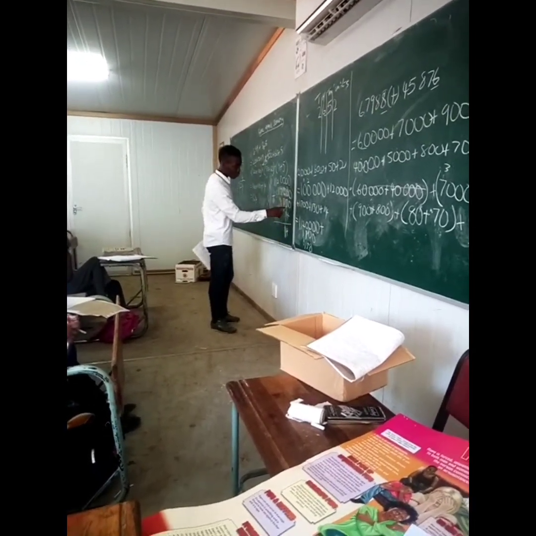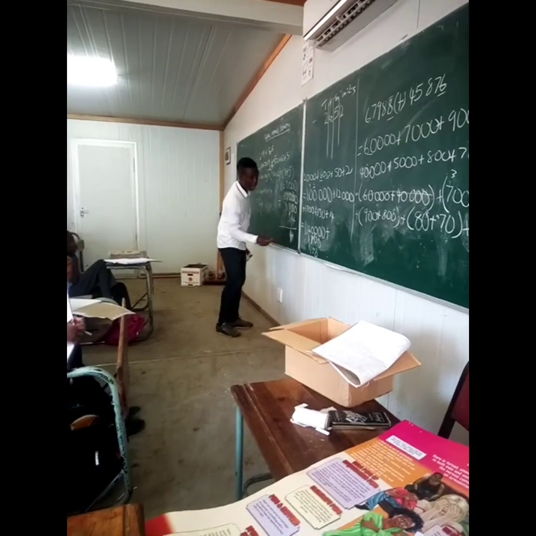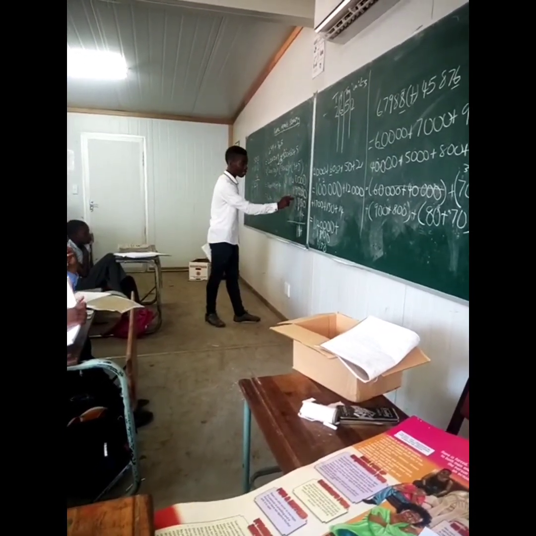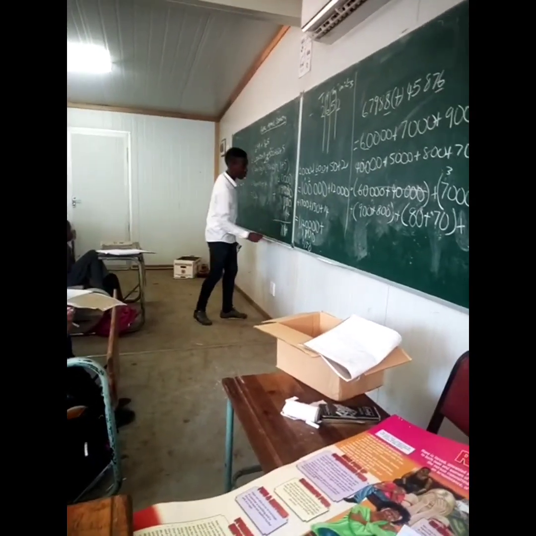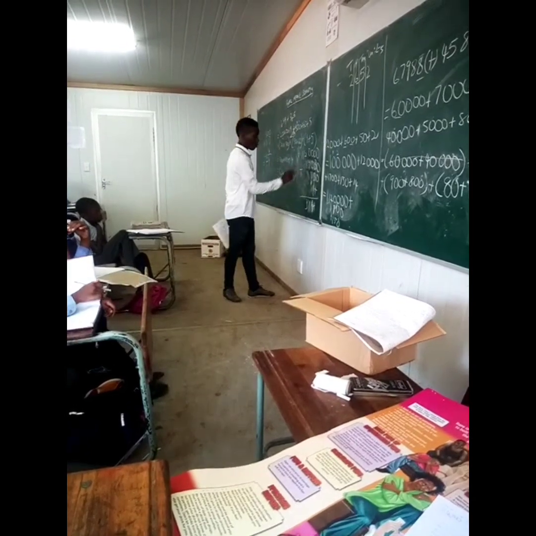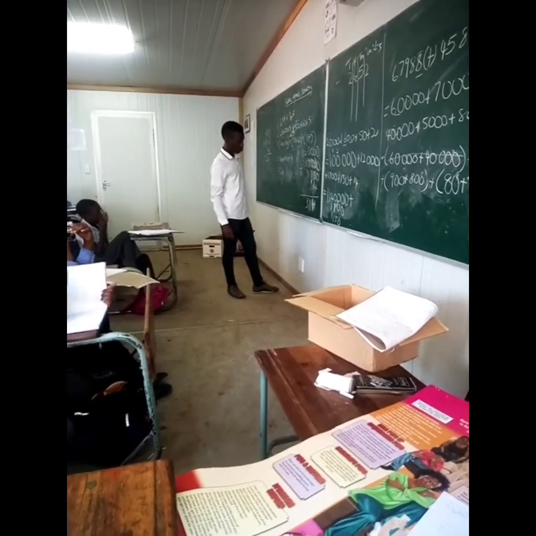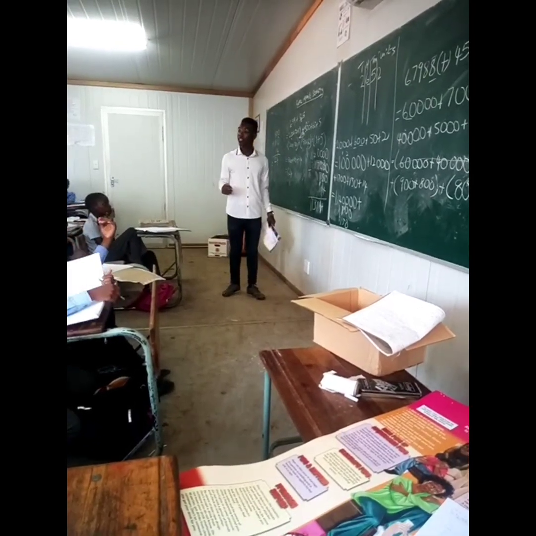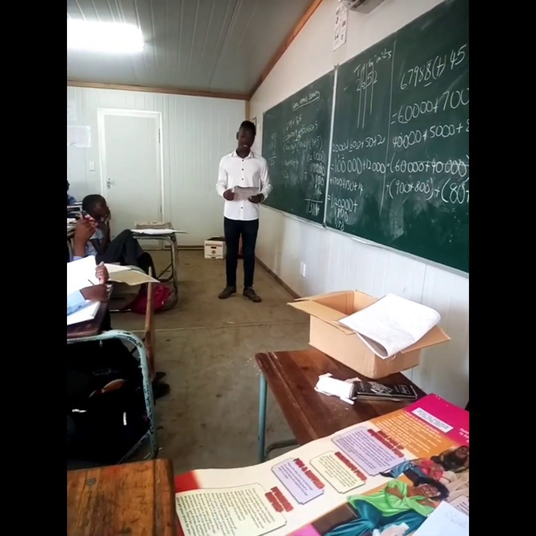Now, 0 plus 5 plus 1, 6. Nice. 0 plus 0 plus 1, 0 plus 7, 7. 2 plus 1, 3. And then we take the 11, right? Did you get it correct? Yes. You did, right? Yes.